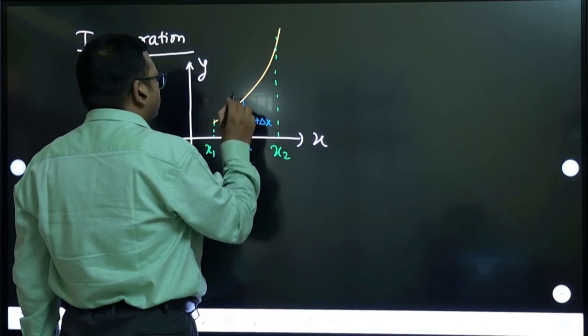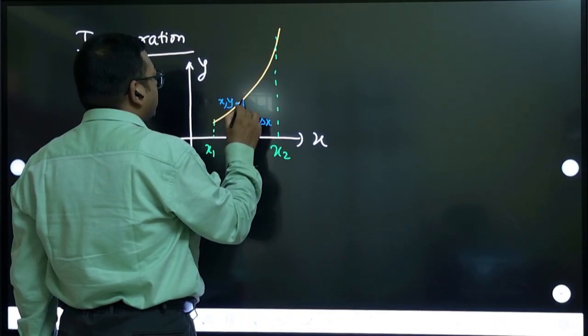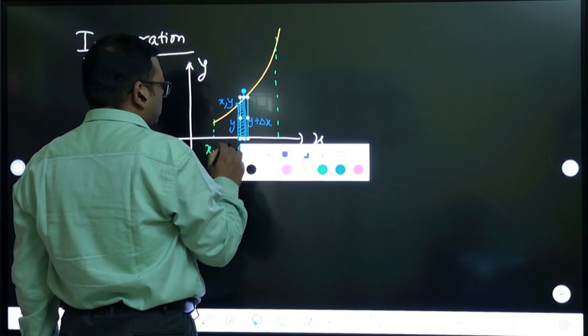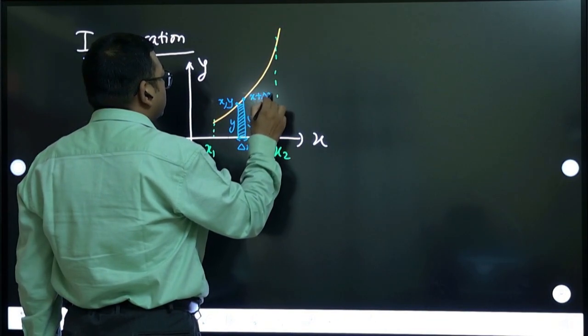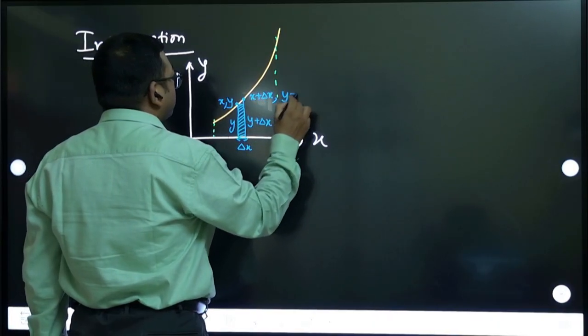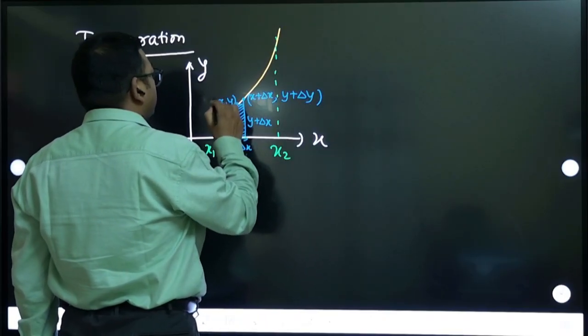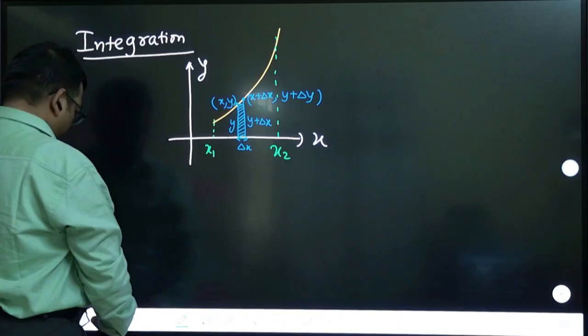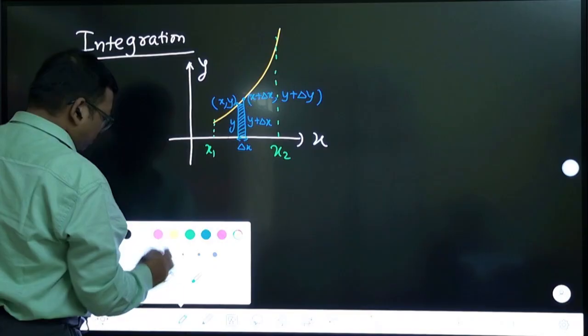So this point is like x comma y, and this point will be like x plus delta x comma y plus delta y. So 2 points I am taking on this graph, and here I will zoom out this area.